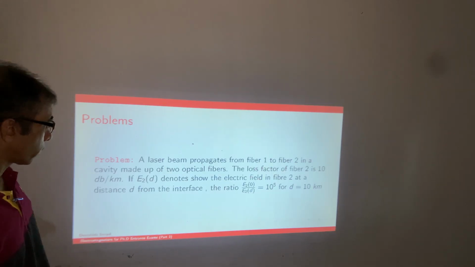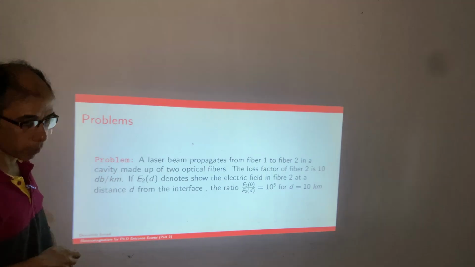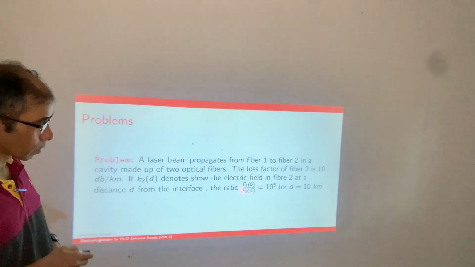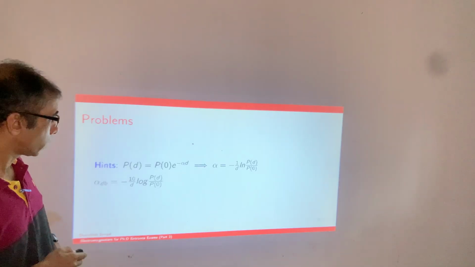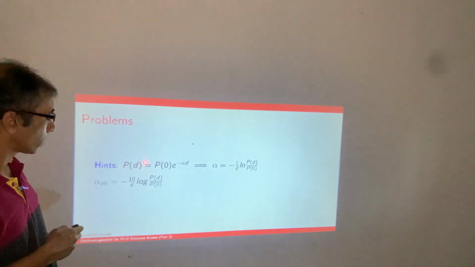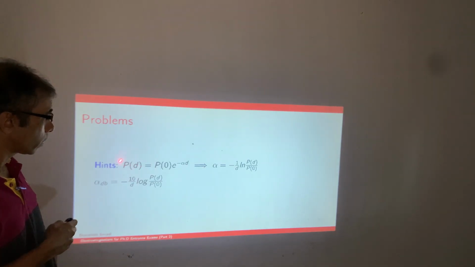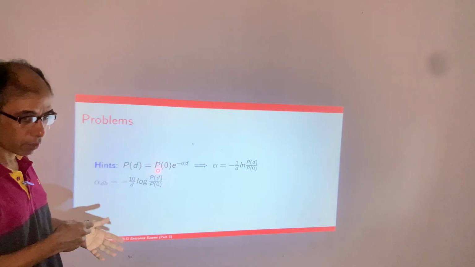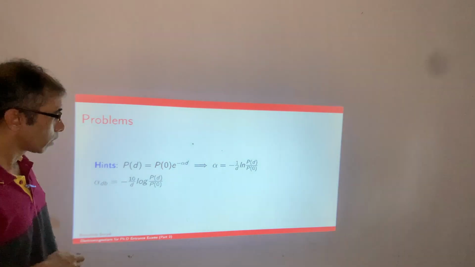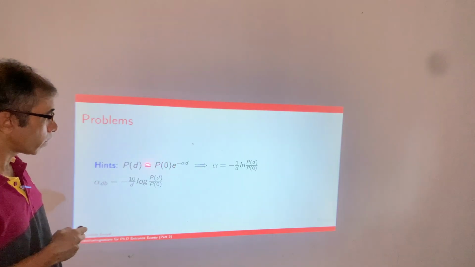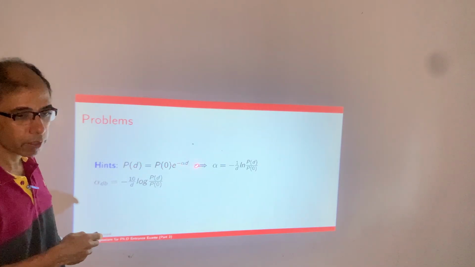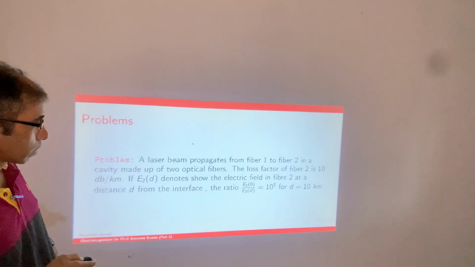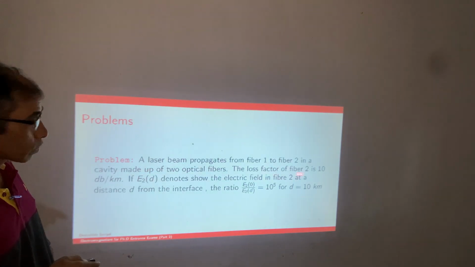The loss factor is given in decibel per kilometer. So what is this? So this is a starting point. So the intensity at a distance d is this, and the reference point is this, and that is defined by P_d is equal to P_0 e to the power minus alpha d, where alpha is this constant, what is called the loss factor.